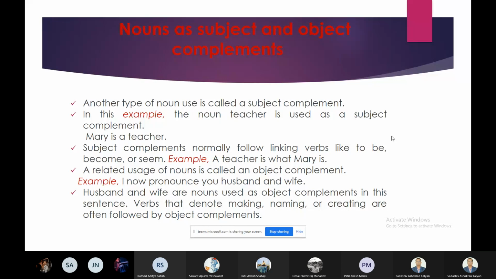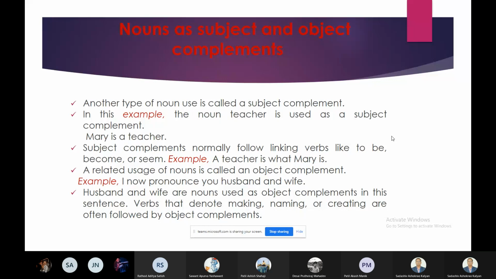Okay, so like this, at the same time, these kinds of related nouns are also considered as an object complement in the given sentences. So these are all the various kinds of uses of the nouns: how nouns are used as the subject complement, and at the same time how nouns are also considered as the object complement in the given sentences. So here we have one example also.